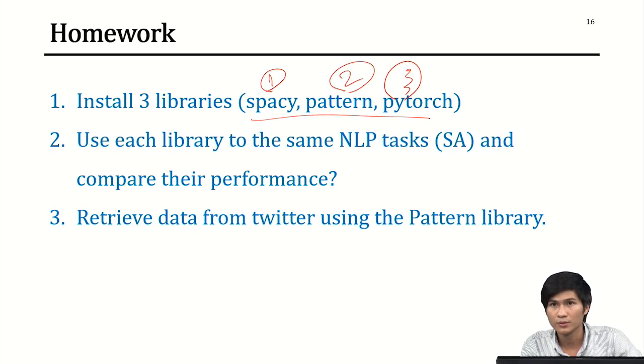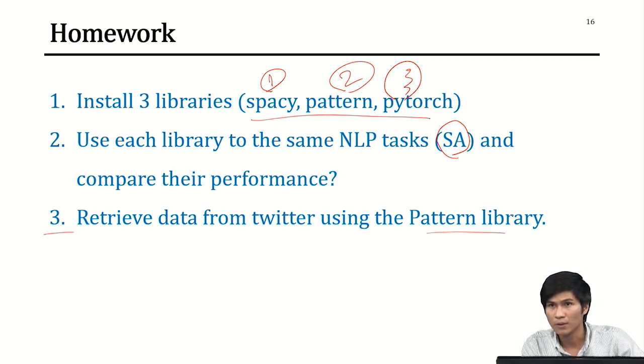Next, what you need to do is to perform a particular NLP task, let's say sentiment analysis. And next, you compare the performance of each different library doing the same task. And next, retrieve some data from Twitter using the Pattern library.